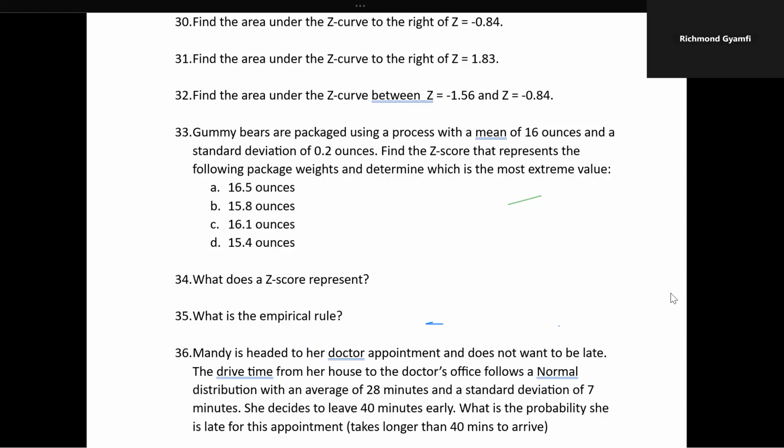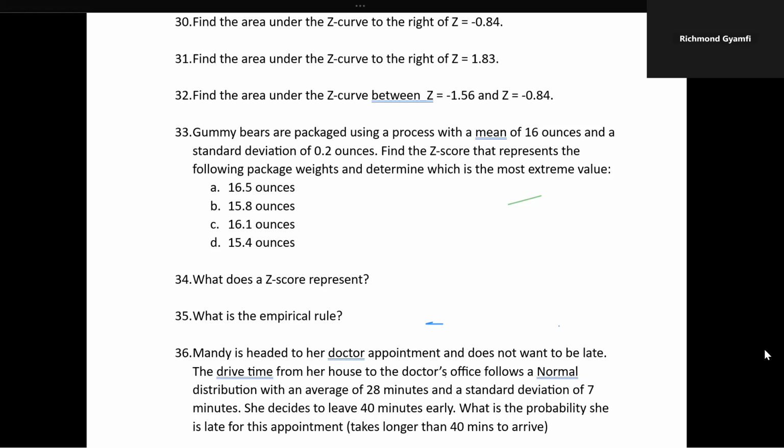The drive time from her house to the doctor's office follows a normal distribution with an average of 28 minutes and a standard deviation of 7 minutes. She decides to leave 40 minutes early. What is the probability she is late for this appointment, and it takes longer than 40 minutes to arrive?